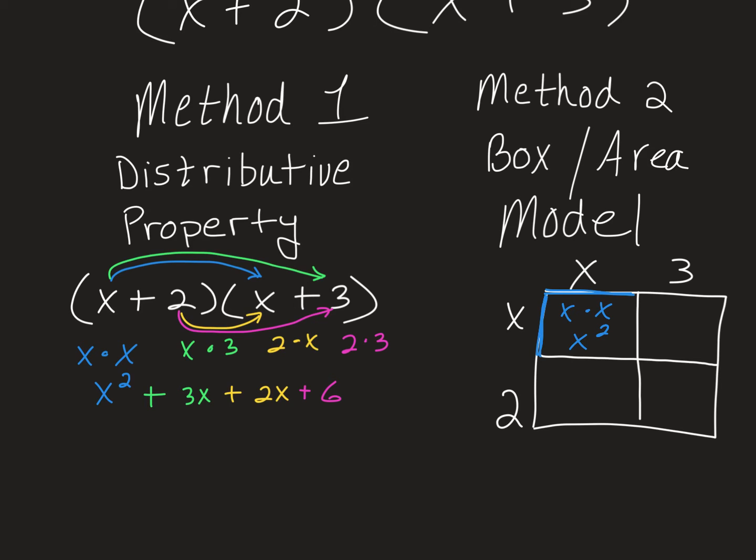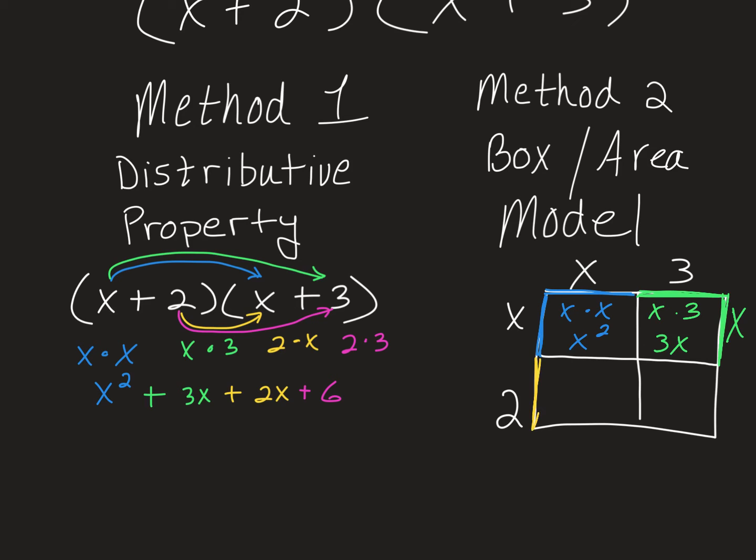In order to find the area of this little piece of the box, we're going to do the length, which is x, and we're going to multiply it by the width of the box, which is 3, which is already given to us. So length times width, x times 3 is the same thing as 3x.